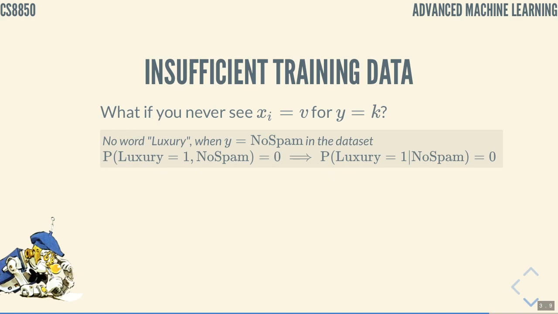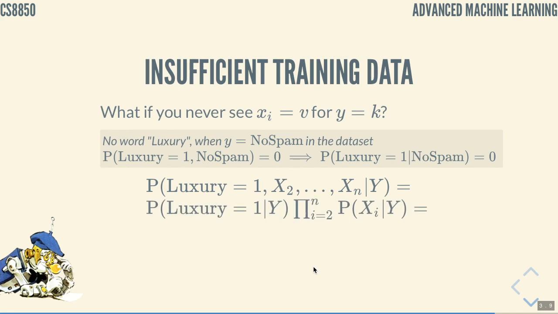And in this case, see what happens. We have this joint distribution of all of the features in our likelihood, and we decompose it using our naive Bayes assumption of conditional independence. And look, we have never seen this in the training data, so this is always 0.